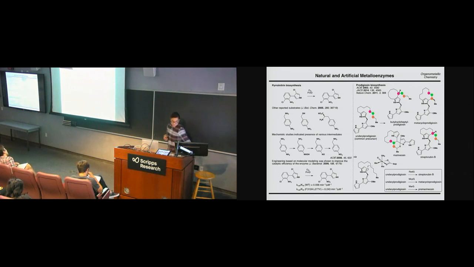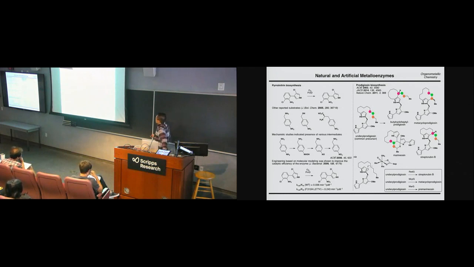Then I'll quickly draw your attention to a rather interesting reaction that's catalyzed by several different members of the Rieske dioxygenases. This can be found in the biosynthesis of the prodigiosins. This molecule might have been covered already, but I'm not sure.